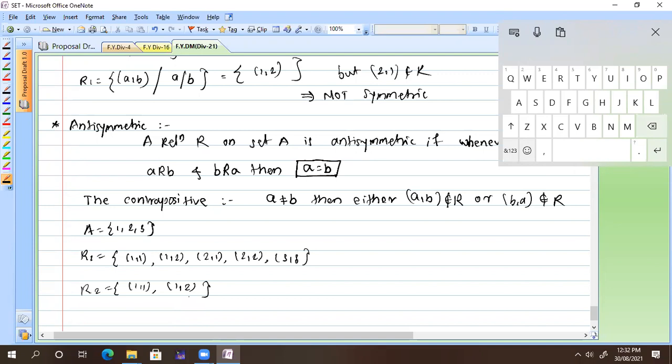Whatever you are saying is in a correct way, but what you are thinking is not correct. The question is whether it is antisymmetric or not.